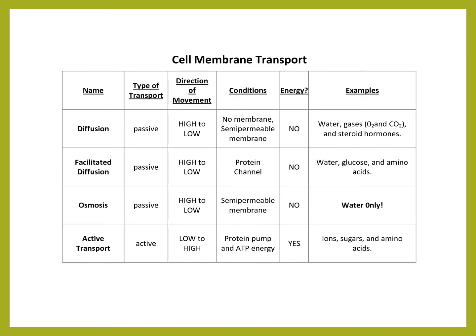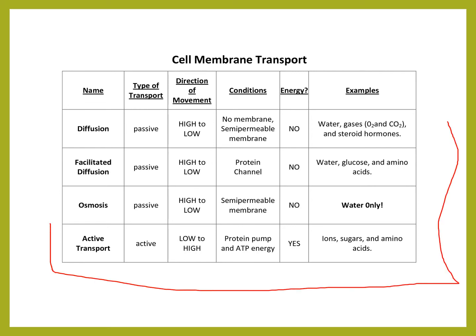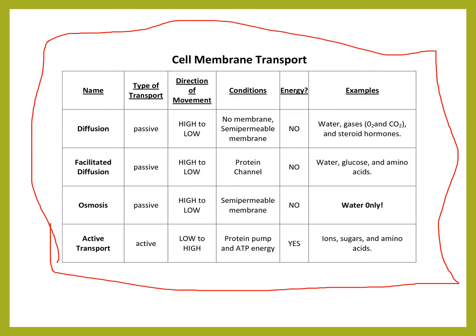Okay, this table right here will be your best friend. You will see it again, I promise, on your practical, on your quiz. Very good possibility. So normal diffusion is passive. It goes from high to low gradients, and no membrane is needed, or a semi-permeable membrane.